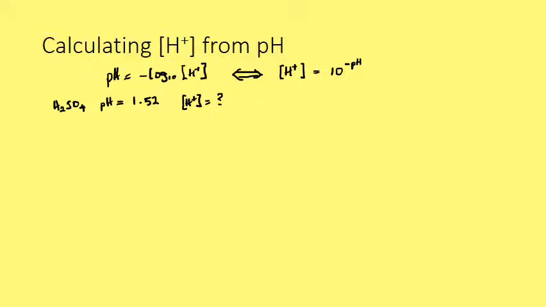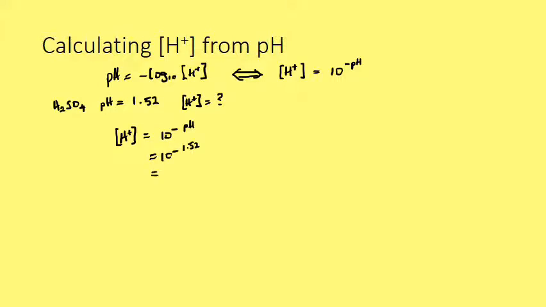So the way that we can do that is we can use the equation that we've just worked out, the inverse of the pH equation. So the hydrogen ion concentration is going to be 10 to the power of the minus pH, which is 10 to the minus 1.52.